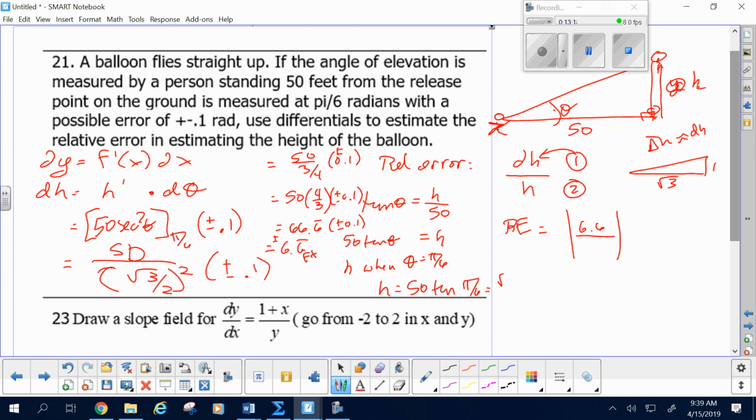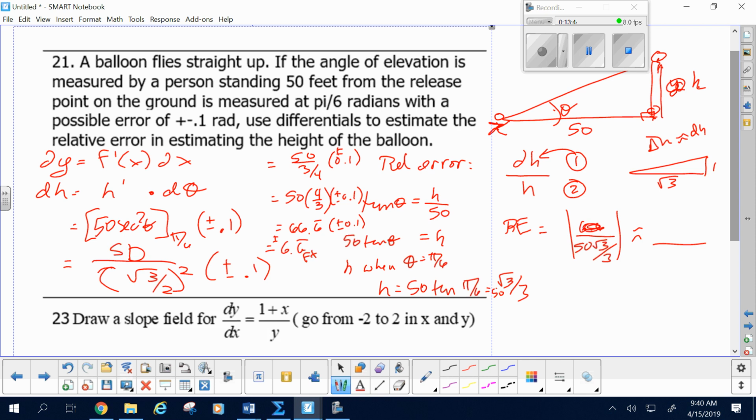So it's root 3 over 3 times 50. So 50 root 3 over 3 is the height. That would be a decimal if you were to slap that in. That's the relative error. That makes sense? You might then make it a percent, say it's 3% error or something like that. Somebody throw that in your calculator and let's run it in for the touchdown.